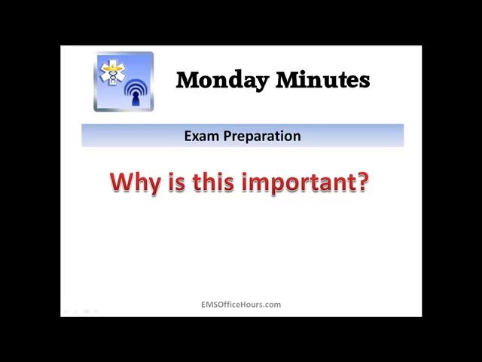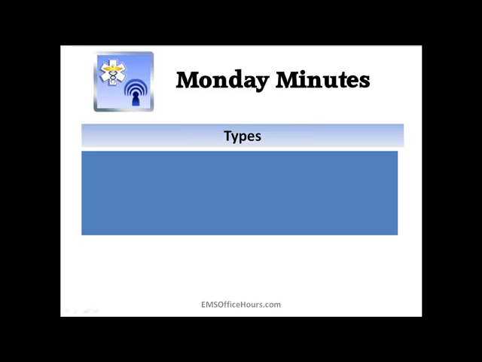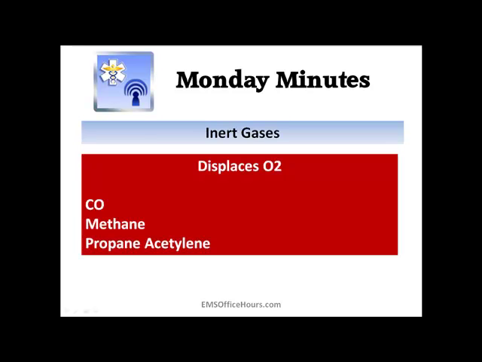Okay, so with that said, let's just talk about some of the types. And today we are talking about toxic gases, right? One of the things we see are inert gases. These are the ones that really displace oxygen and cause injury or death because the patient will end up asphyxiating.